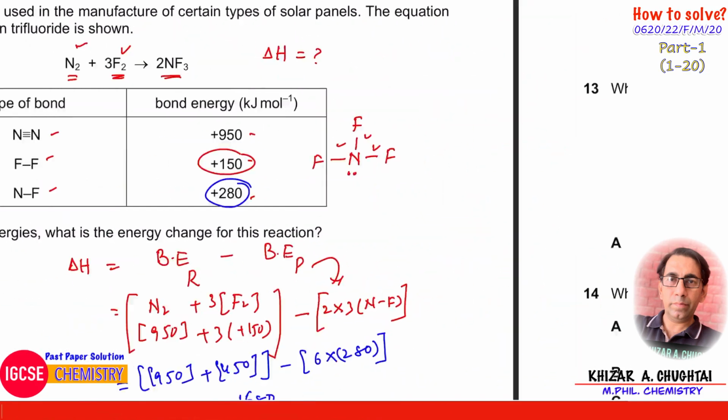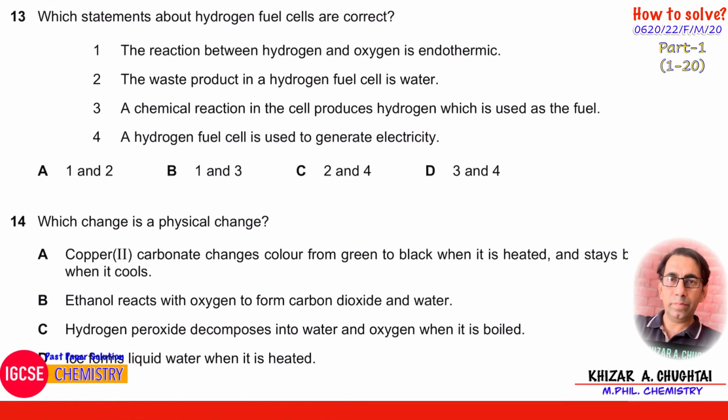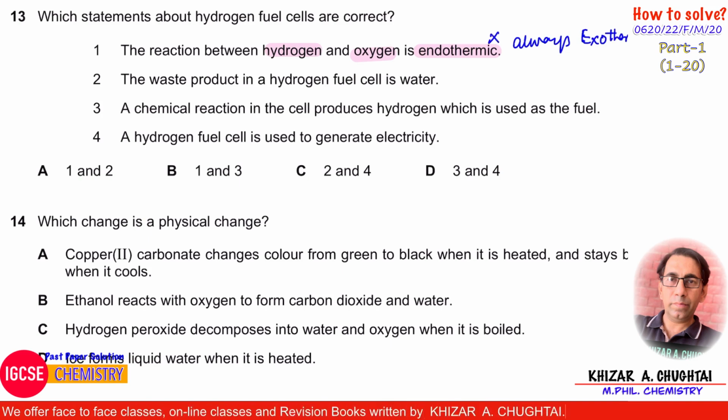Now come to our question number 13. Which statement about hydrogen fuel cells is correct? Number 1, the reaction between hydrogen and oxygen is endothermic. No, it's wrong. The reaction between hydrogen and oxygen is always exothermic. So this is incorrect.